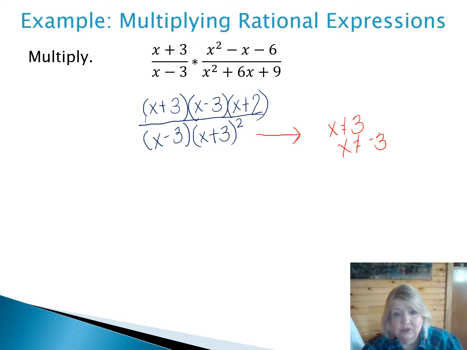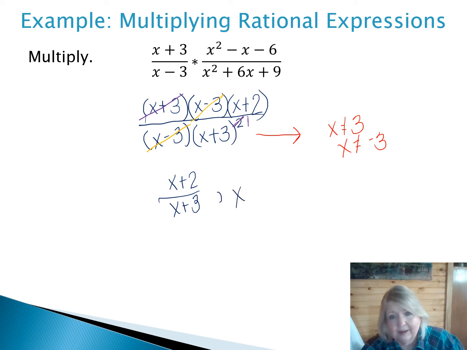Now, to help us keep things straight, I'm going to change colors as I do my little cancellations. x plus 3 over one of these x plus 3's cancels. x minus 3 over x minus 3 makes a 1 and seems to cancel. x plus 2 and x plus 3, they're not alike, so they're not going to make a 1. They're not going to go away. So my simplified form is x plus 2 over x plus 3, provided that x is not positive or negative 3.